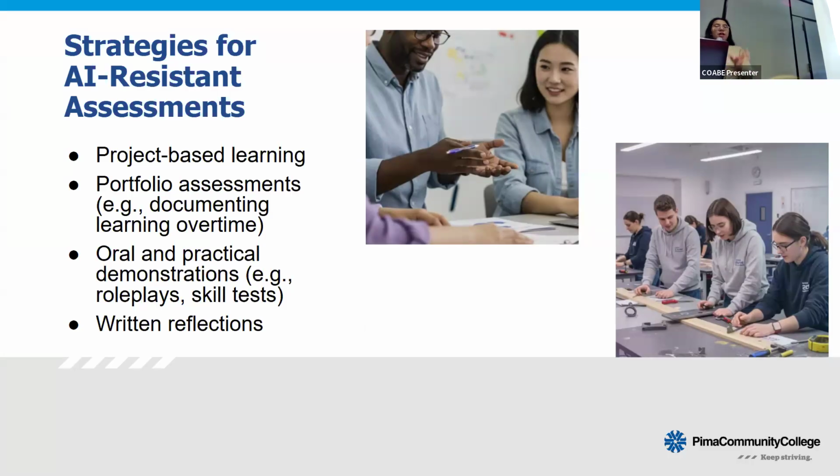This is a great way to collect student work over time, and they can see their progress and how much they've learned. Oral and practical demonstrations, those are classic. And then written personal reflections. And if you really want to restrict any AI usage, you can do it at home. Oh no, do it in class.